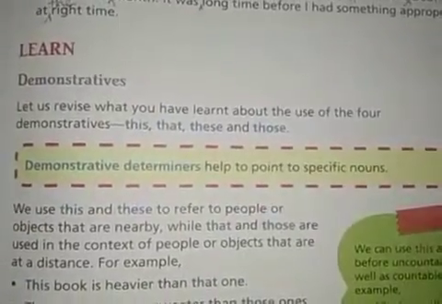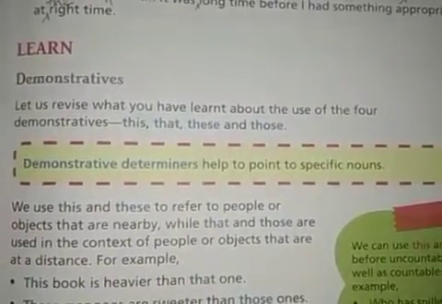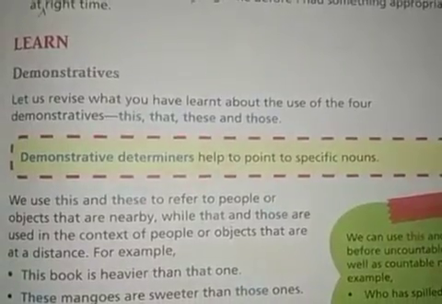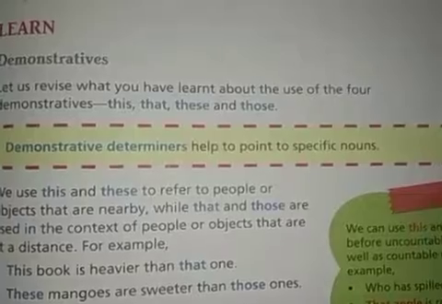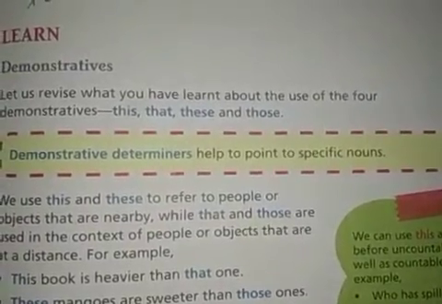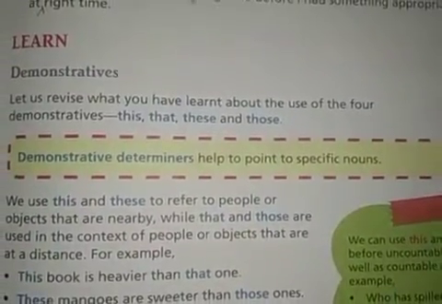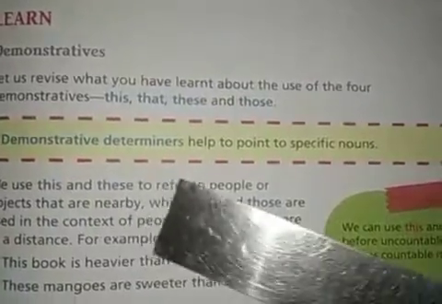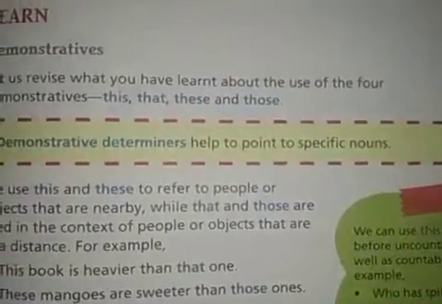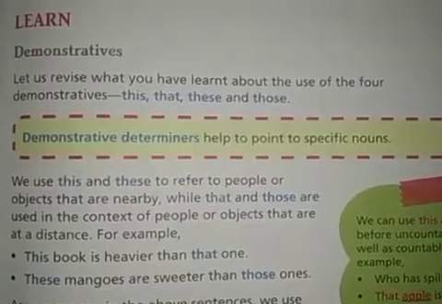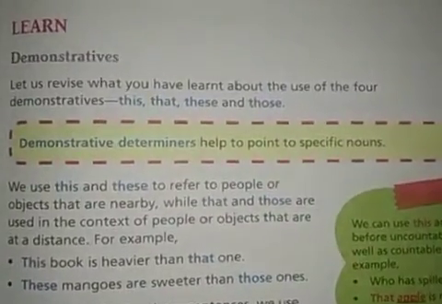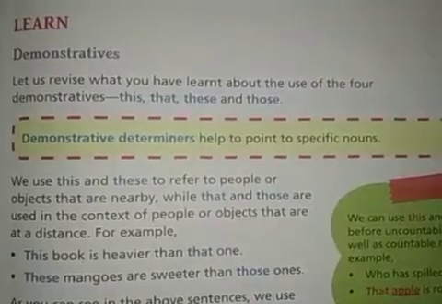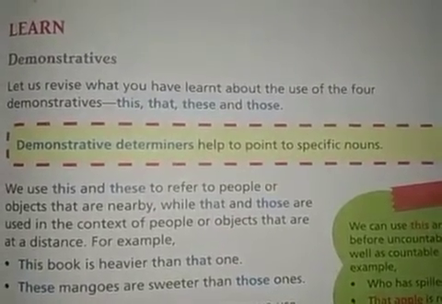In earlier classes also we have discussed that these four demonstrative words, this, that, these and those, are used to point out different things, right? So demonstrative determiners help to point to specific nouns. About which specific noun you are talking, you will denote the specific noun by this, that, these or those.